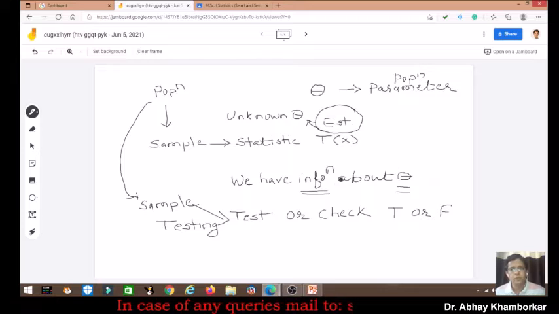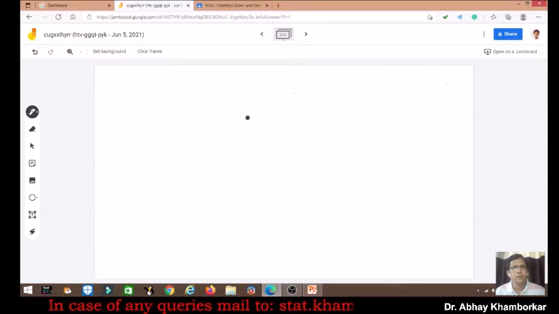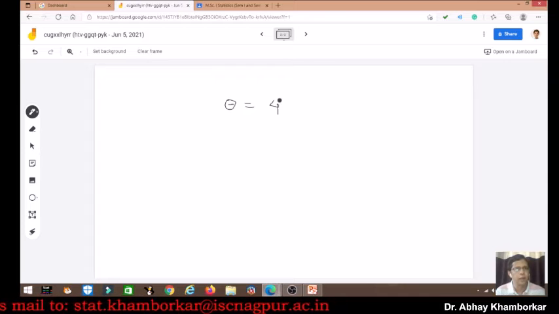Now, as I said, we have some information about parameter theta. Suppose there is one experiment, and the information available to us because of some prior experience is that theta is equal to 4.